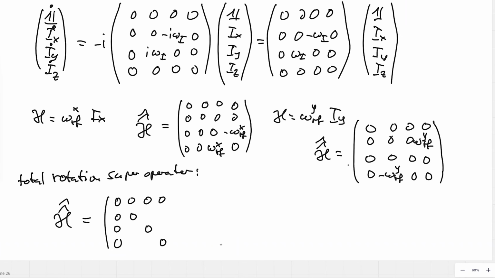Then we have minus omega I for the offset. We have omega Rf y and minus omega Rf y for the y pulse, and minus omega Rf x and omega Rf x for the x pulse. And whenever you saw fundamental equations in NMR, you have seen a very similar pattern already.